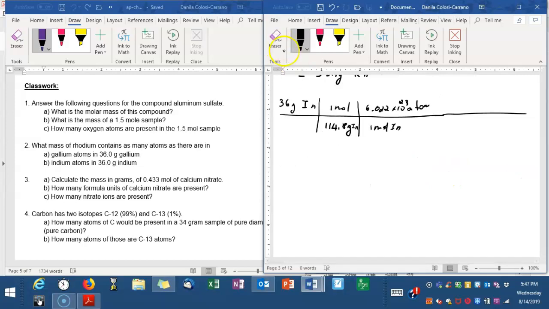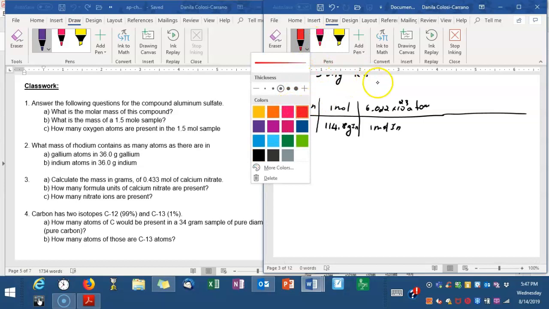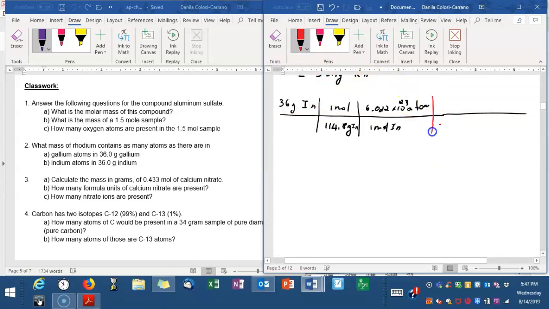Let's keep moving from here. If this is the number and we want to go back to the grams, our number says now we have atoms. So this is giving us atoms. We got to move to grams.